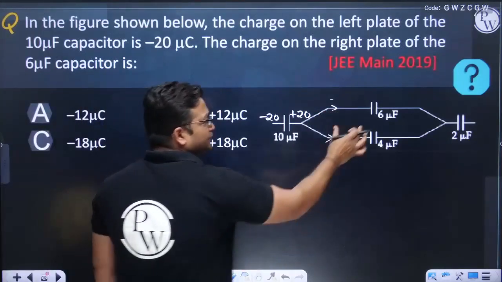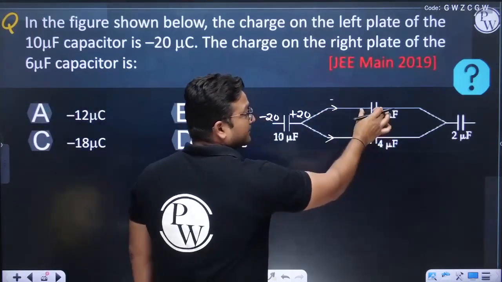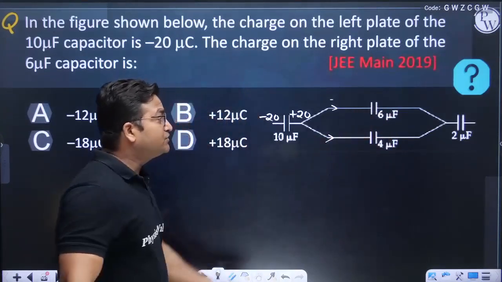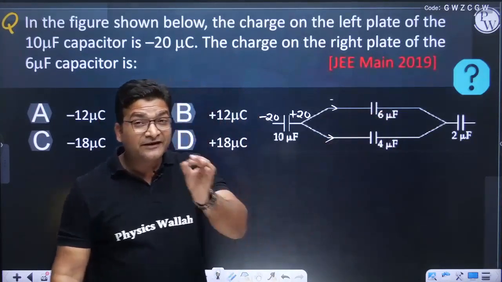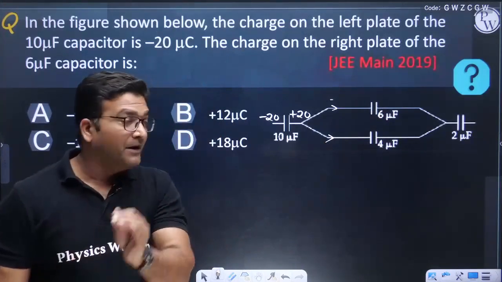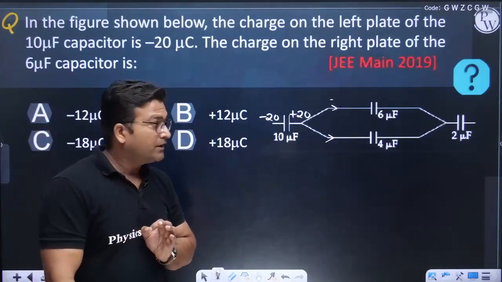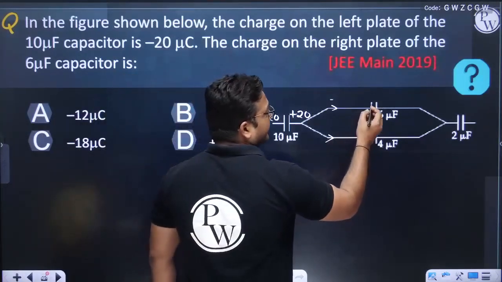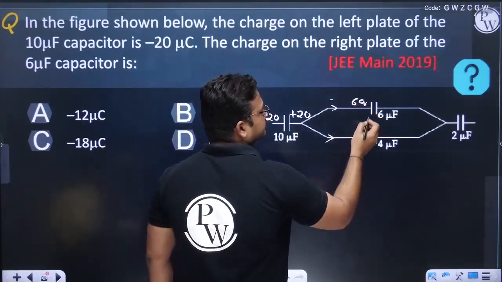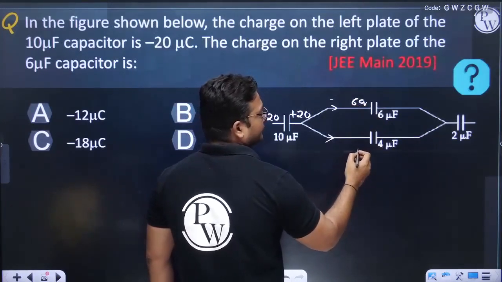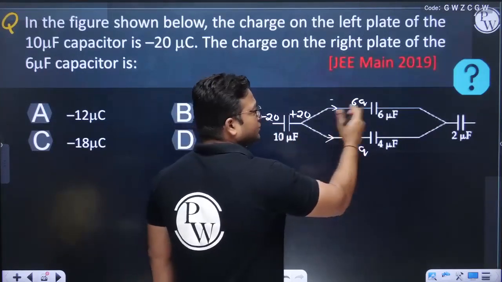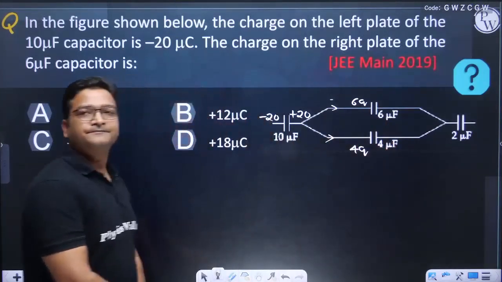And these two are in parallel. Remember, these two are in parallel. V should be the same. Potential difference should be the same, and potential difference is Q by C. That should be the same, meaning Q should be proportional to C. So on 6 microfarad I can assume 6Q charge, and on 4 microfarad I can assume 4Q charge, because the charges on them should be proportional to capacitance.